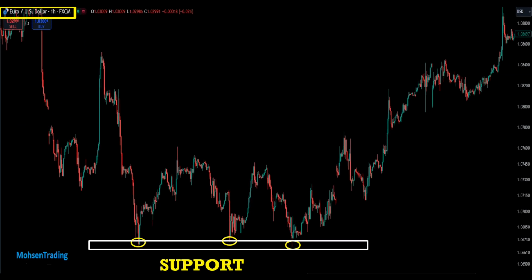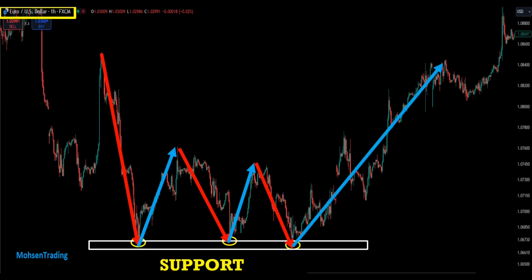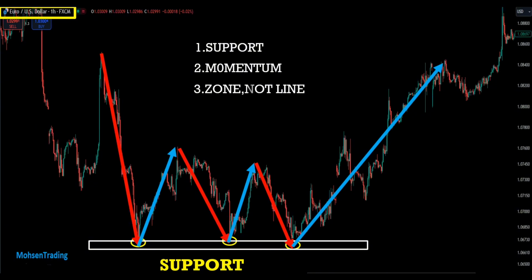In other words, when the price approaches this level, it is likely to reverse, showing the strength of the support. When identifying support levels or support zones, 4 key items should be considered: momentum, zone not line, multiple touches, and rejections.